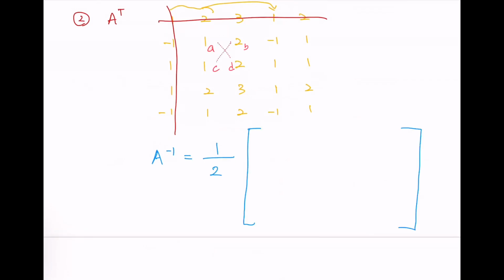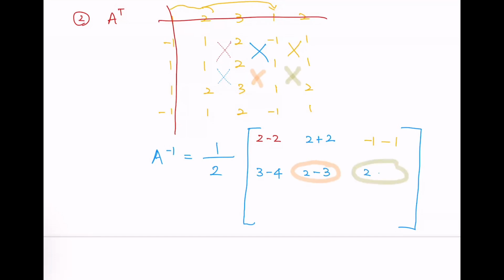Delta is 2. For the first row, first column, we need to do AD minus BC for each entry, working through the rows.